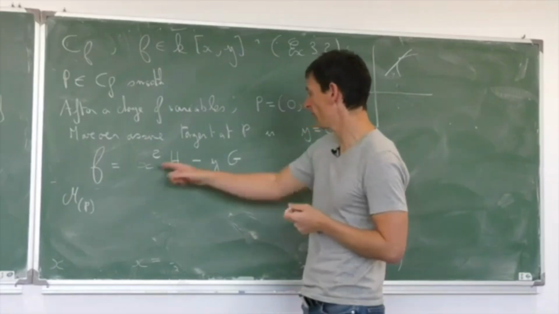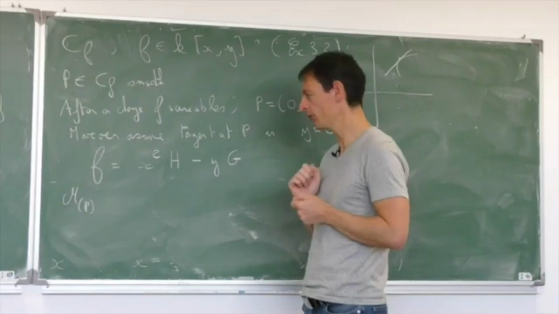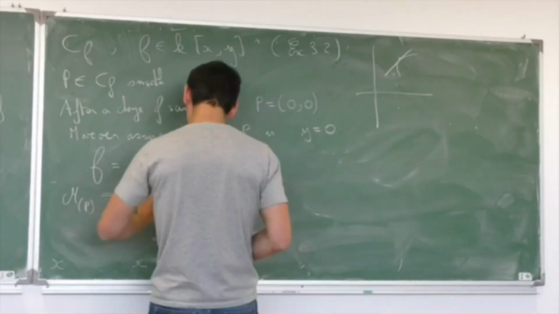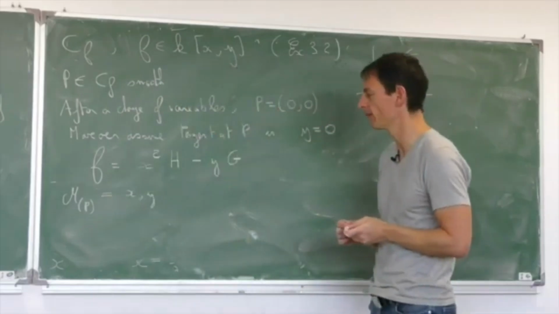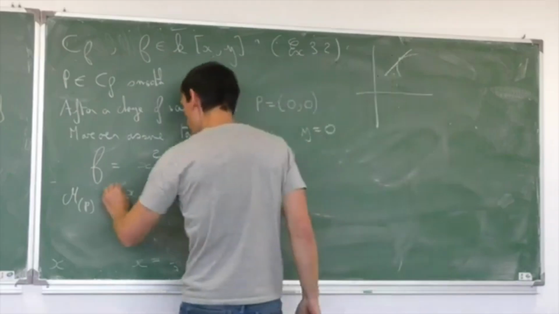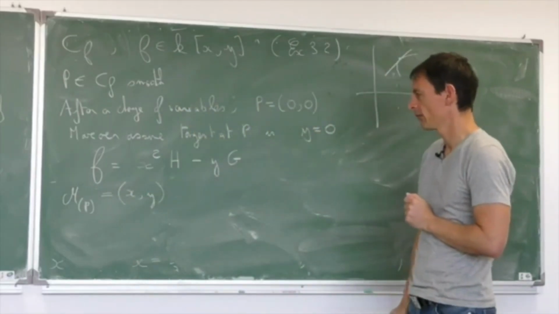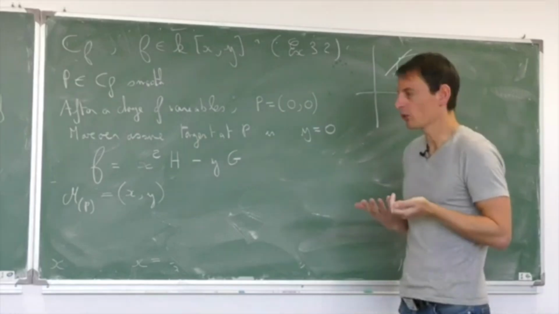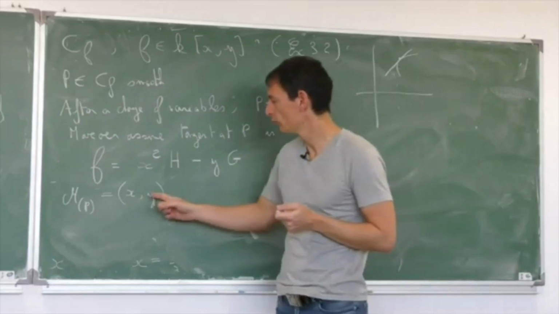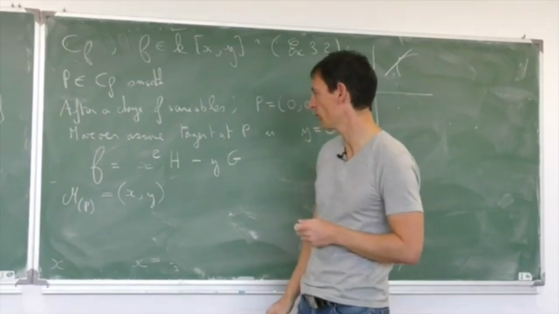Of course, x at 0, 0 is 0, and y at 0, 0 is also 0. So x and y are inside the ideal MP. It can't really be much bigger than this. But we are not done, because we want something which is principal. So one of these two generators is too much. It can be expressed as the other one.